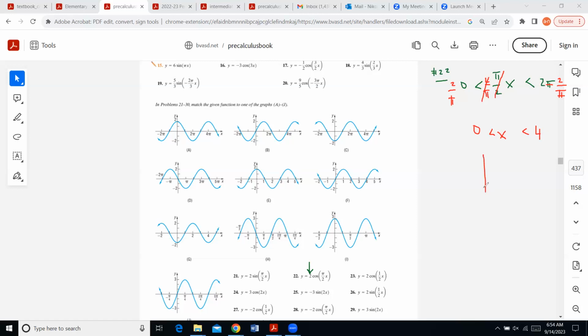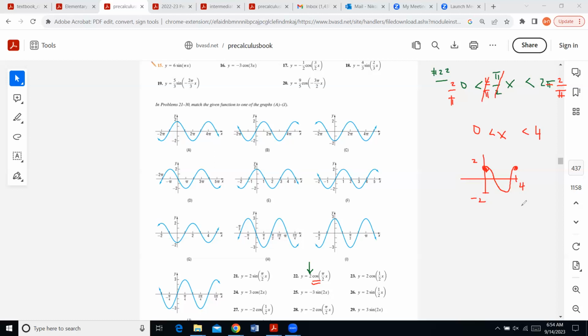So basically, here's my graph. I don't really need to produce a picture. I just want to see that it's a cosine. So we start at some place on the y-axis, go down, and then bring it back up. And the amplitude is 2, and the 4 is our period. So now I need to find something that matches.